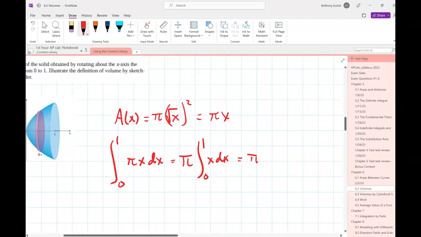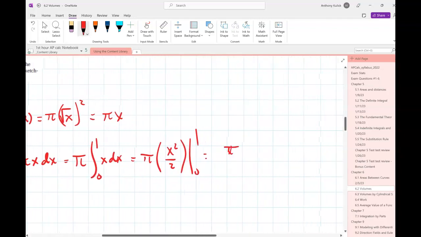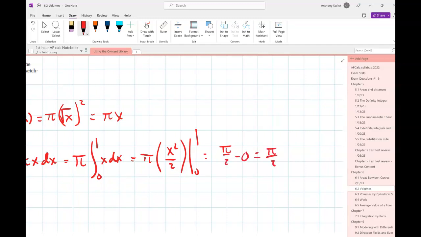The antiderivative of x is x squared over 2. Evaluating from 0 to 1, I end up with pi over 2 minus 0, or just pi over 2.